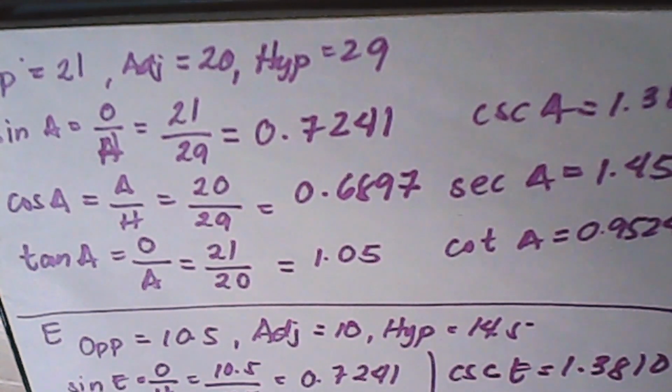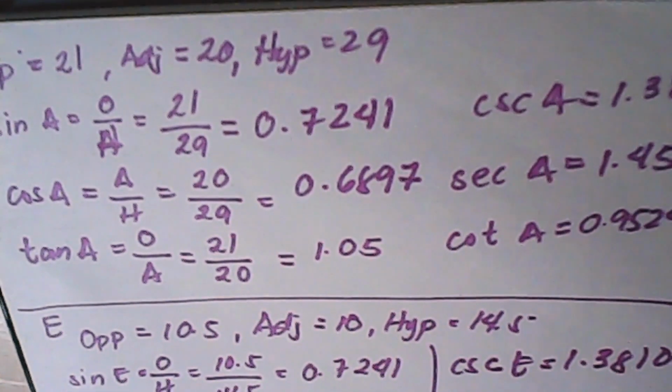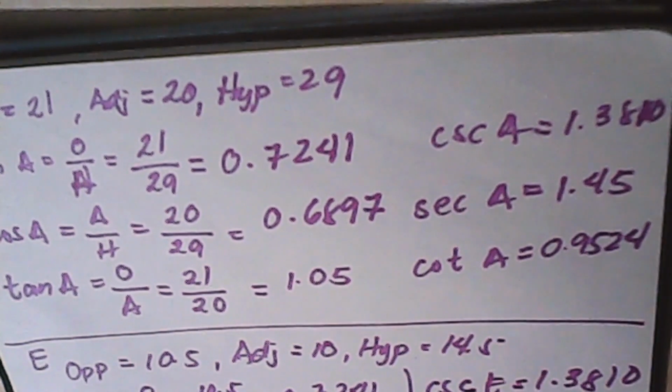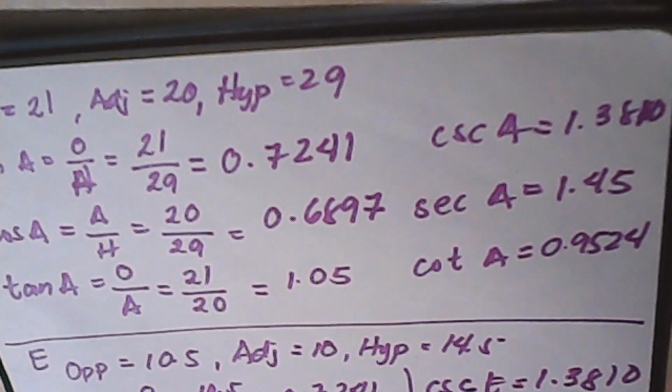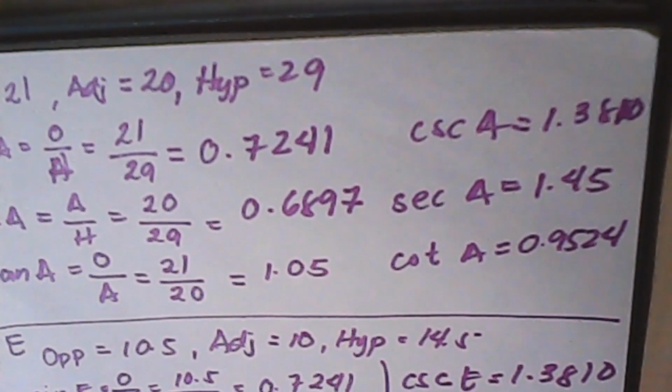Now, if they are equal, that means that triangle ABC is similar to triangle EFG because their trigonometric ratios are the same. So, for triangle ABC, we referred from angle A, and congruent angle A on the other triangle is angle E. So, here are our values.